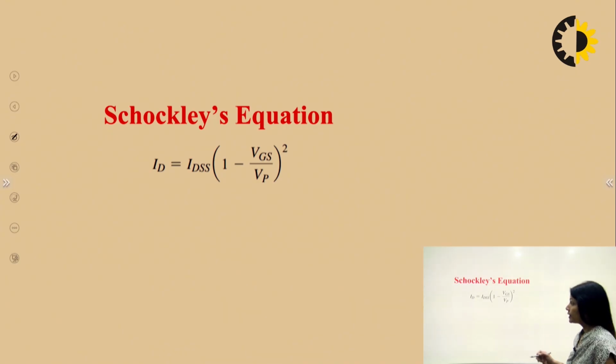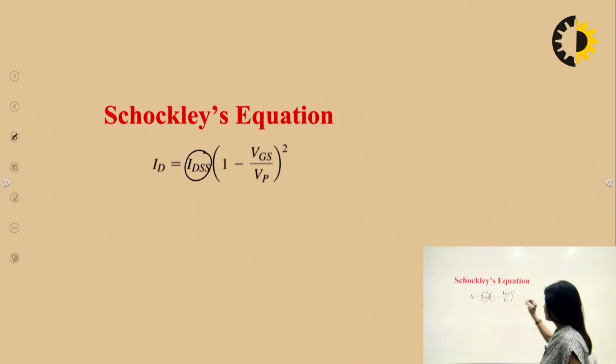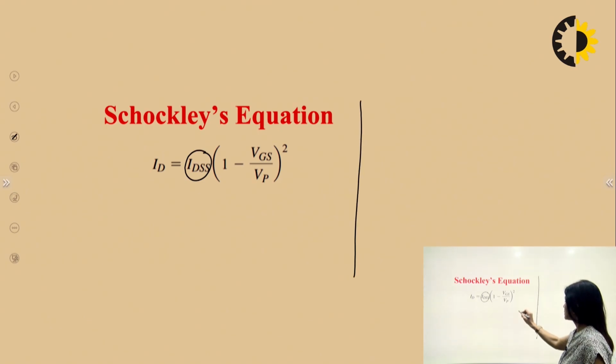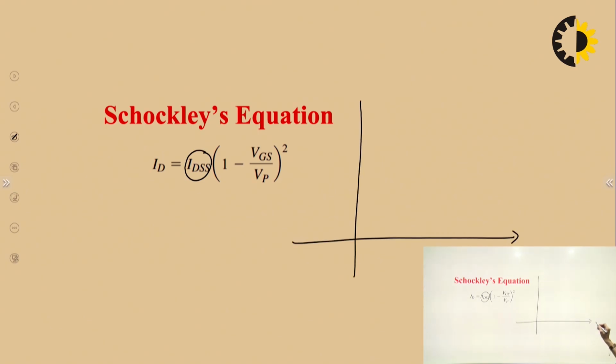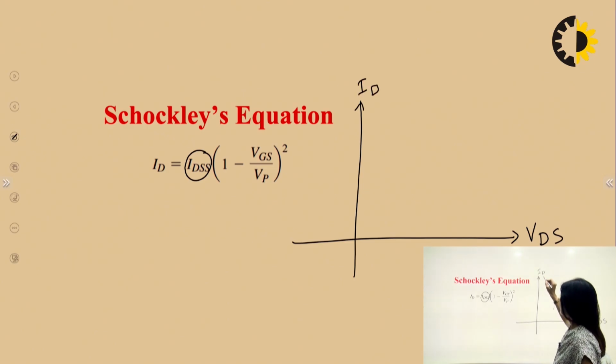Now, IDSS is the current for case 1. See, here I will put VDS and ID. So we are applying a positive voltage of VDS because it is N channel.